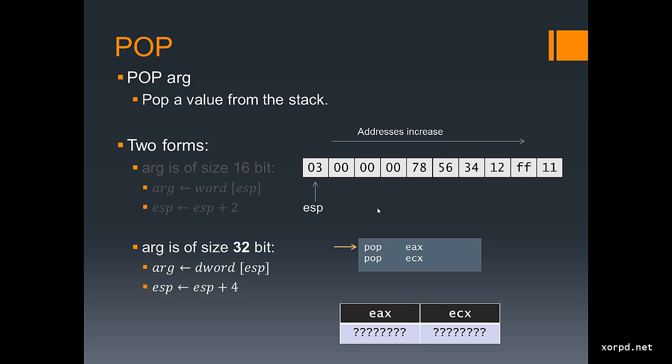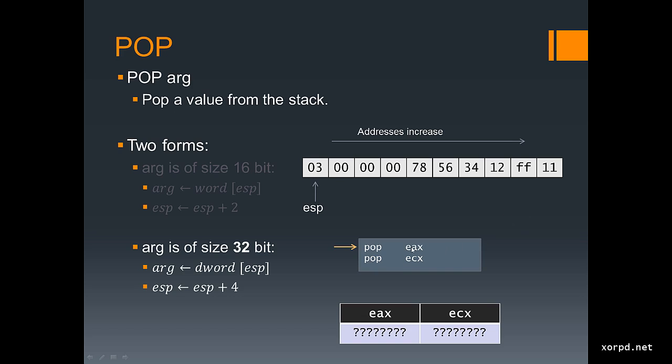Let's take a look at a quick example of using the pop instruction. We continue from the previous example. Assume that this is what we currently have inside the stack. You probably remember those values. This is the 12345678, and this is the 3. Currently, ESP points to this location.